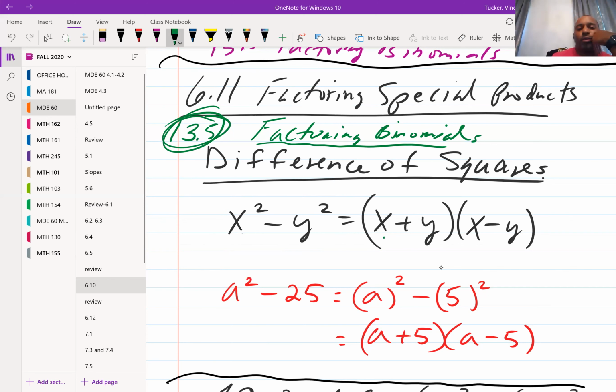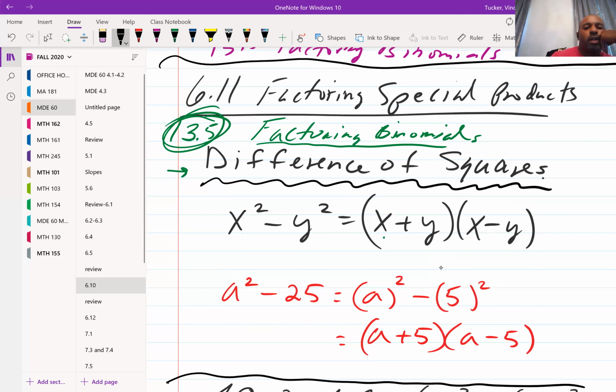All right. So the first one that they give us is the difference of squares. Difference means subtraction. So this relationship, this formula, only applies when you have the difference, the subtraction of perfect squares.